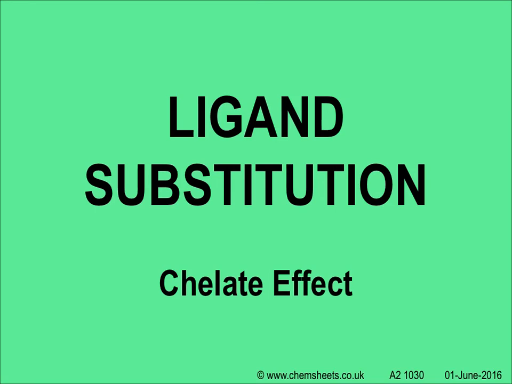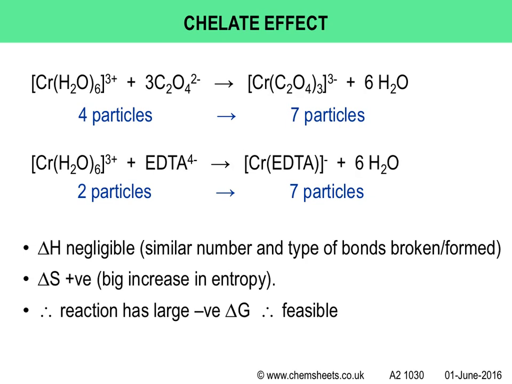This is just a reminder of one of the things that might drive a ligand substitution, something that we can call the chelate effect. It all goes back to the thermodynamics topic we did about increases in entropy, or really actually an increase in entropy of the universe, and that's really what delta G is giving us a sense of.